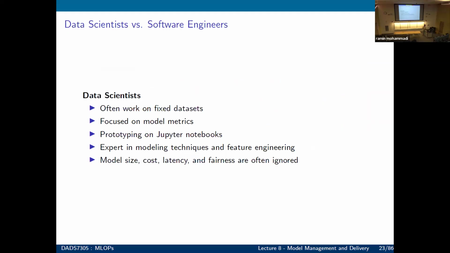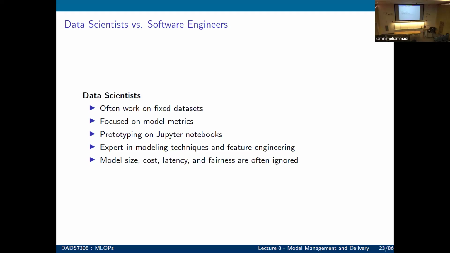So data scientists are more like people that work on a fixed data set. What does that mean? The company has a data set, you ask the data team or backend team, hey, can I get data for this? Or you write a query if you have access to it, and you get a batch of fixed data. This data does not change, it's not dynamic. So you have a fixed data set that you're going to work with.